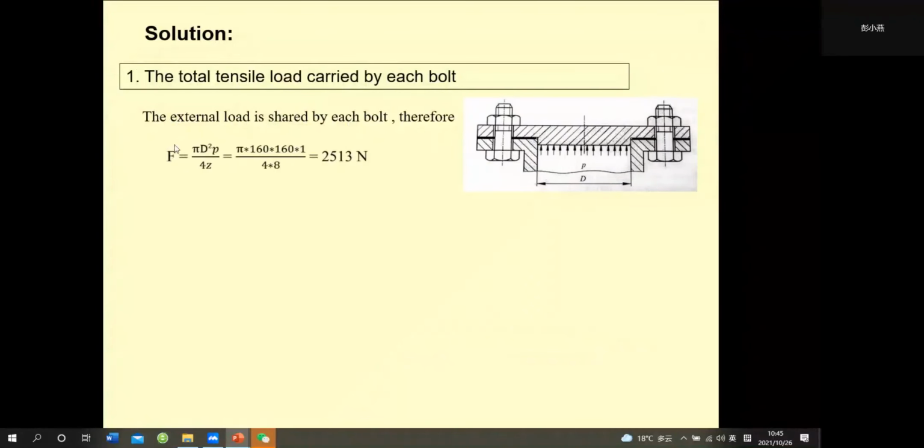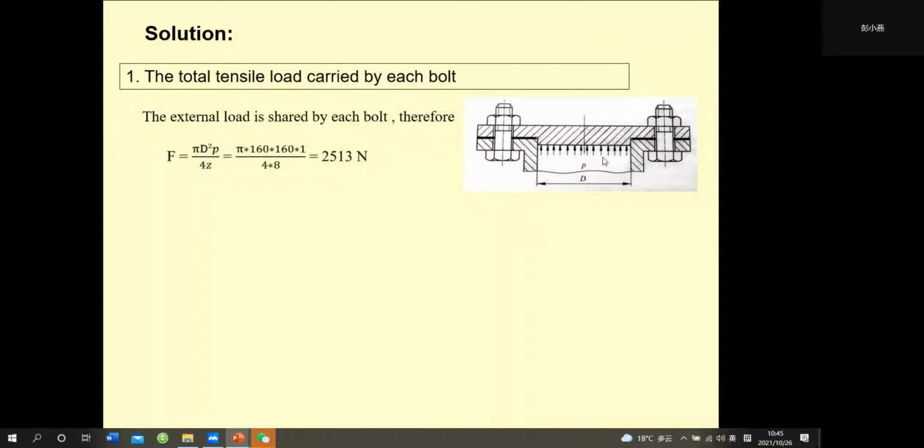So first we should calculate the actual force on each bolt, the F. F is equal to the pressure times the area. Okay, the pressure is P, and this is the area.